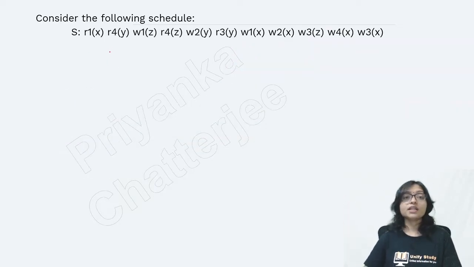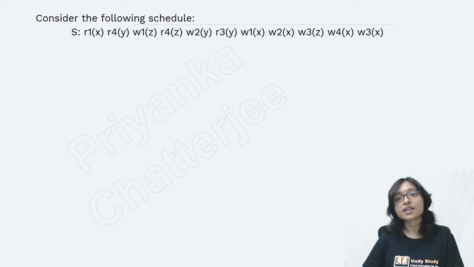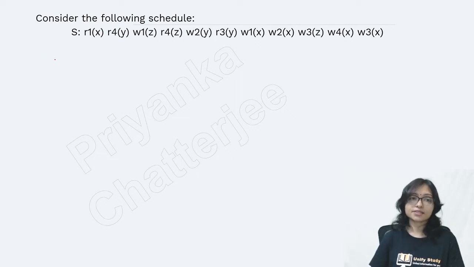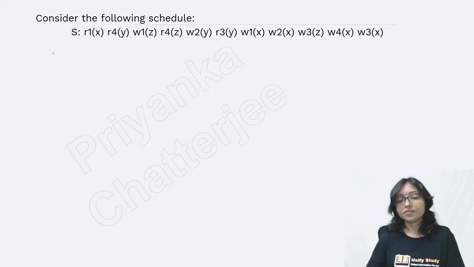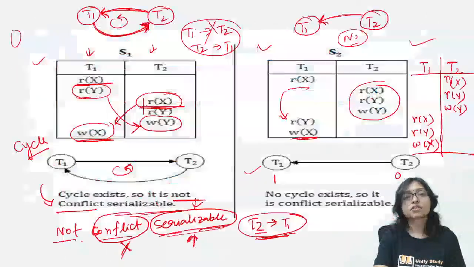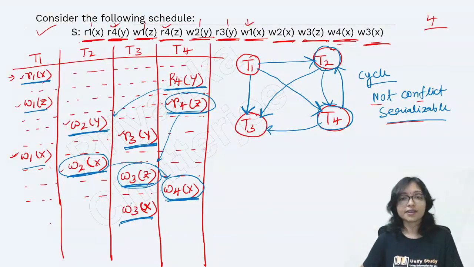Here we will draw the same thing, and from here I will try to check whether it is view serializable or not. Let's draw the first table, then after that we will make it. Can I go back? I can go back here, right? Because we have already drawn this here, just here only I can update.